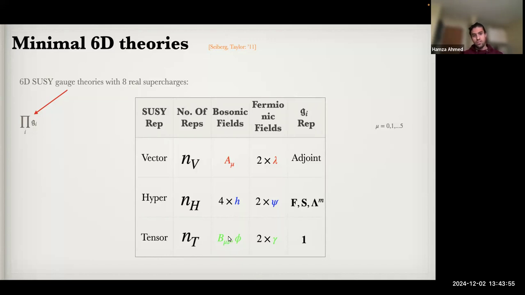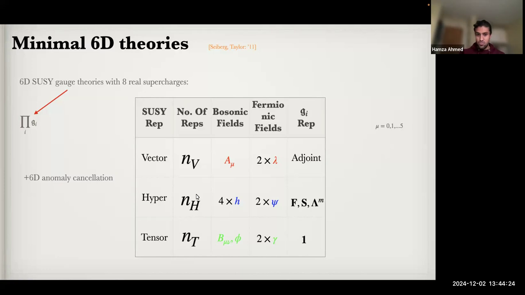The point is that you can't just pick any number of vector multiplets, hypermultiplets, and tensor multiplets and expect a consistent theory, because this is a chiral theory. It's (1,0) SUSY, so you have chiral anomalies, which need to be canceled. These anomaly cancellation conditions in 6 dimensions restrict what number of these multiplets you can have.